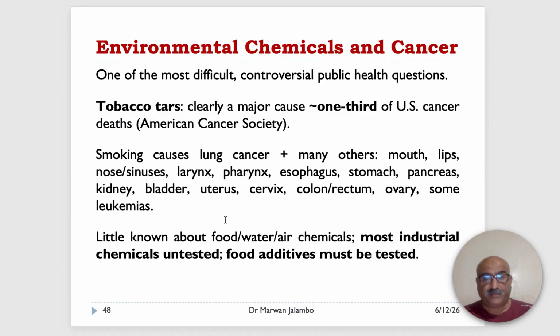Food additives, for example, at least must be tested by law. That raises the obvious question: how do we test a chemical for cancer-causing potential? It's harder than you would think.